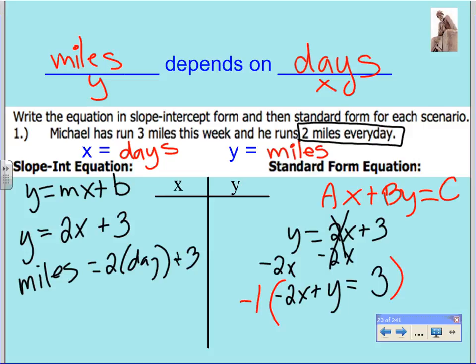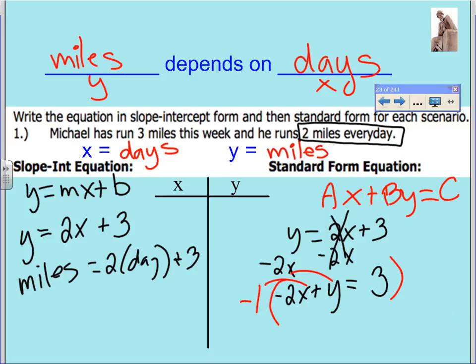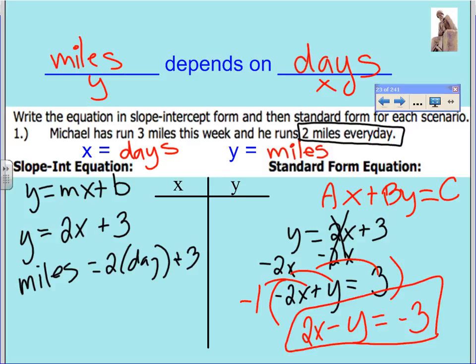Now, does it matter if you choose to multiply every term by -1 or divide every term by -1? No, not at all. After you distribute -1 to everything, we have 2x minus y equals -3. That is our standard form equation. That's it.